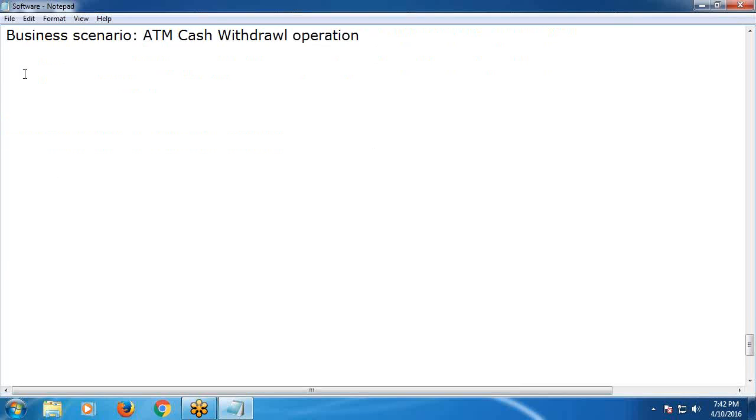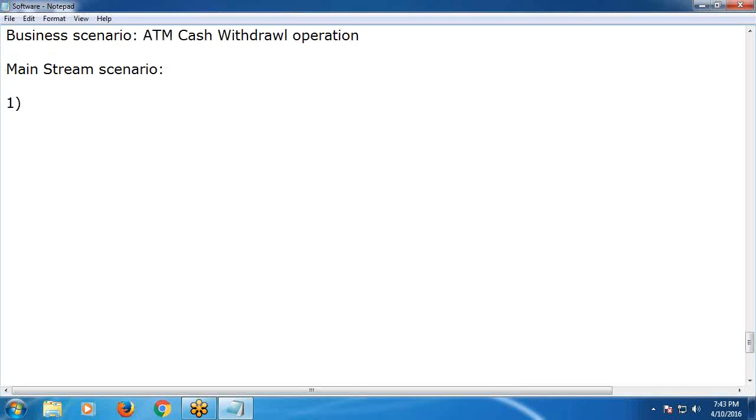See, first mainstream scenario. Observe here, I am taking one bank ATM navigation. See, this navigation depends on banks. This ATM cash withdrawal navigation varies from one bank to another. But I am taking one bank example. Observe. Mainstream scenario.